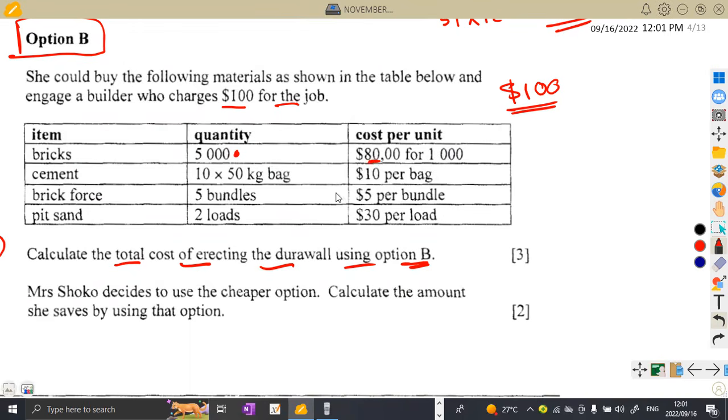So it's simple proportion. You can use simple proportion, guys. So it's going to be 5,000 over the number of bricks which are charged per 1,000, so you divide by 1,000, times the money for that 1,000, which is $80. Okay, so this can cancel here. 5 times 80, which is something like what? 400, if I'm not mistaken.